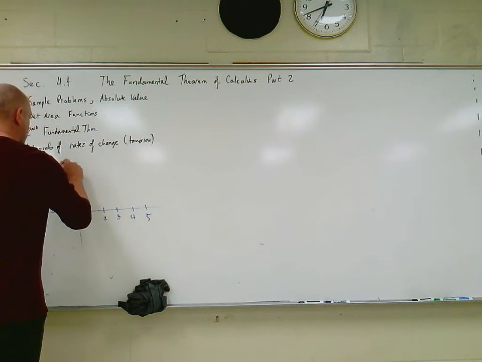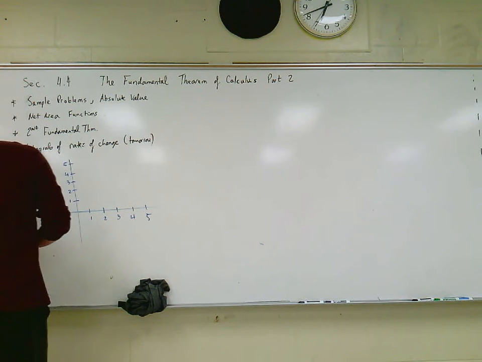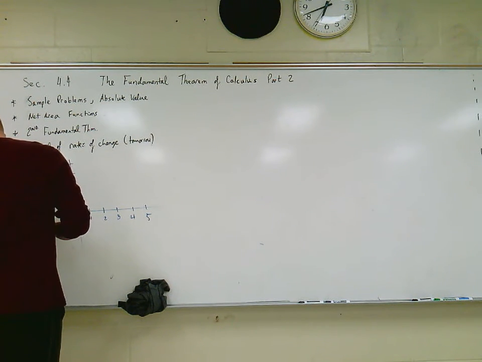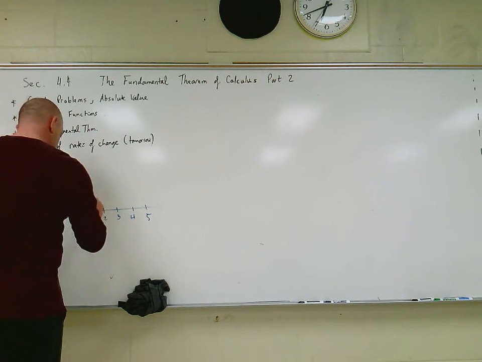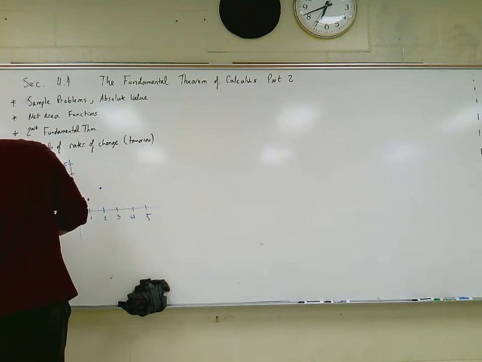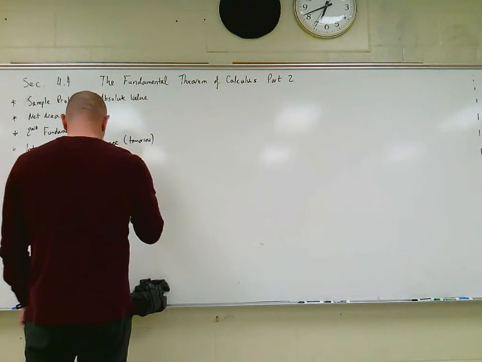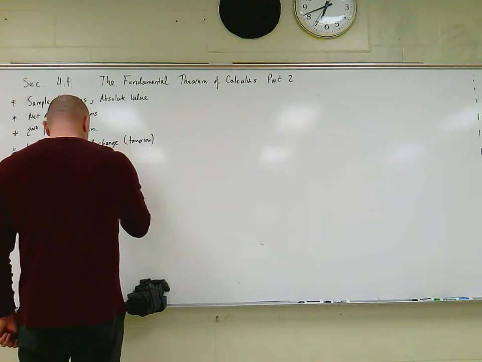So 1 to 5, 1 to 5 on the x and y, and I'll give you the points. 1, 1, 2, 2, 3, 2. We're going to connect the dots.